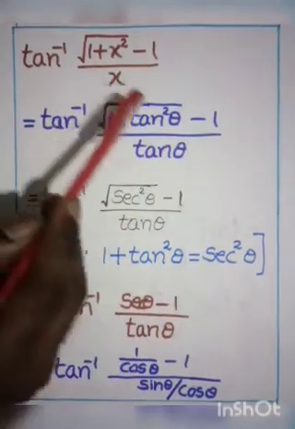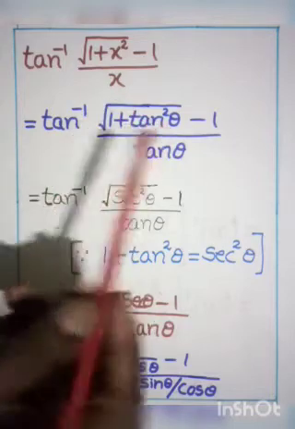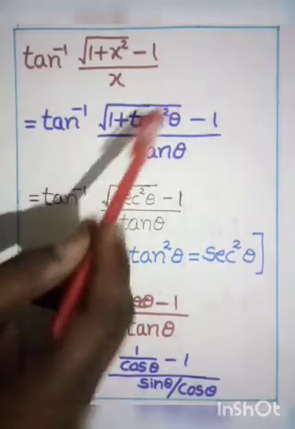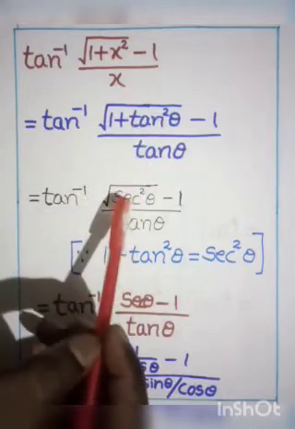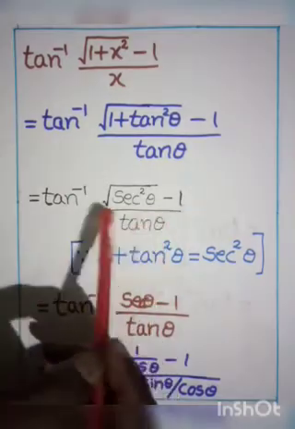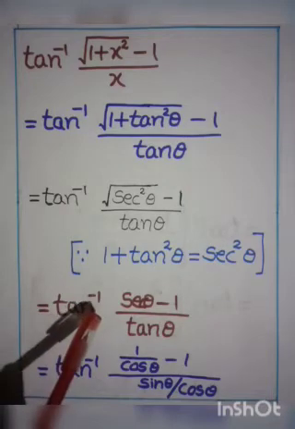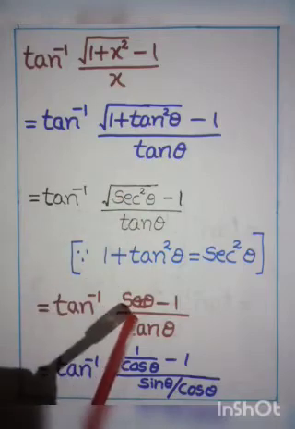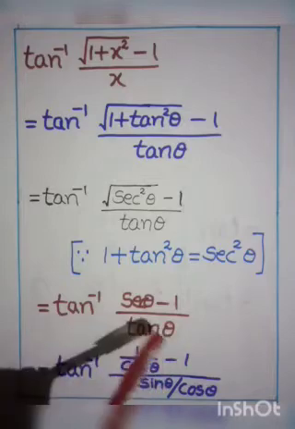We substituted x is equal to tan theta. What is the formula? 1 plus tan square theta is equal to secant square theta. So that is equal to tan inverse of square root of secant square theta minus 1 whole divided by tan theta. Understood this step, my dear children? What do you get here? Secant theta minus 1 whole divided by tan theta.